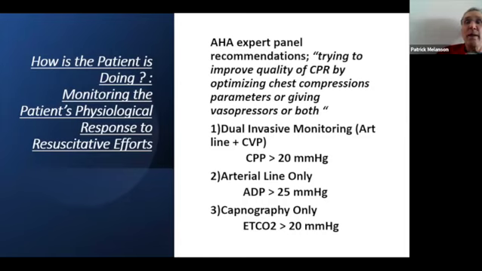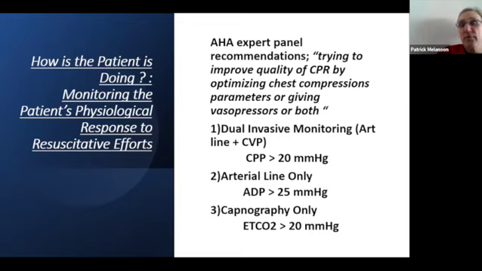So again, trying to improve the quality of CPR by optimizing chest compressions, parameters, or giving vasopressors, or both. In other words, you're looking for a particular physiologic target, and if you're not reaching that target and you haven't got return of spontaneous circulation yet, you would try to optimize something to reach it.